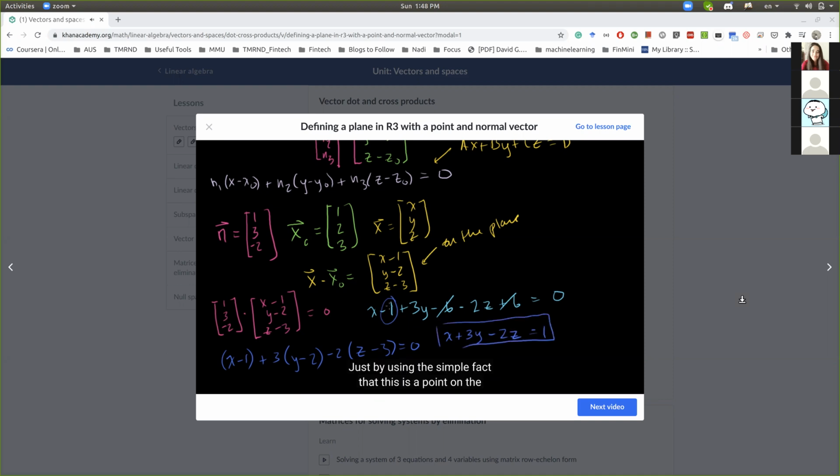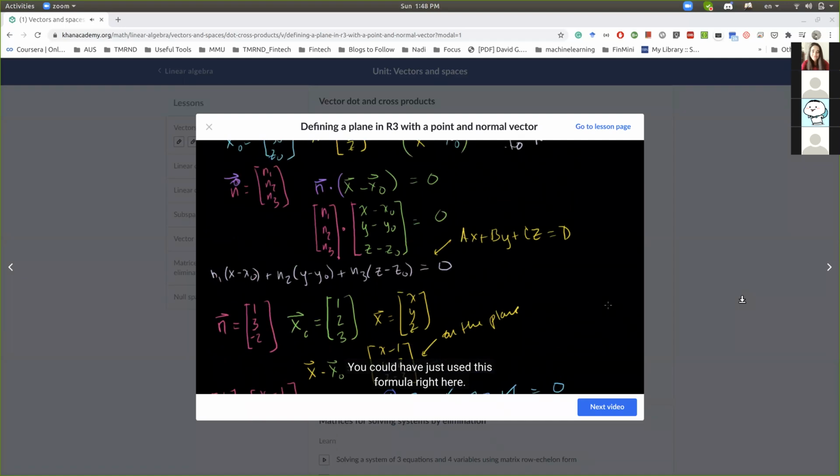Just by using the simple fact that this is a point on the plane and this is a normal vector, and that the dot product of the normal with any vector that lies on the plane has to be 0, I was able to get this right here. I didn't have to go through this whole business. You could have just used this formula right here.